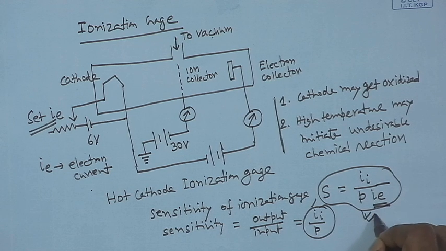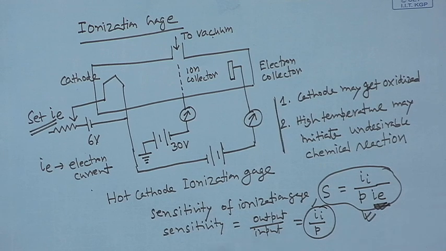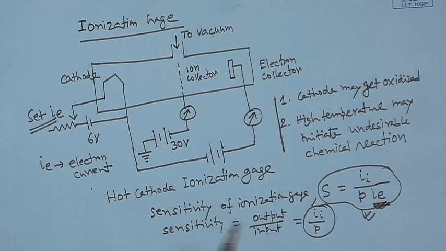This definition makes the sensitivity independent of electron current, and thus the sensitivity depends only on the gauge construction. We must remember the sensitivity varies from gas to gas.